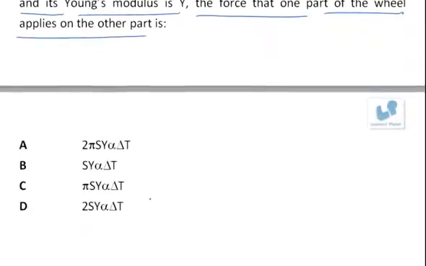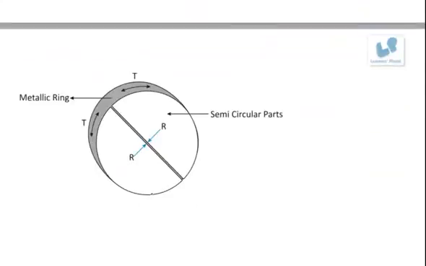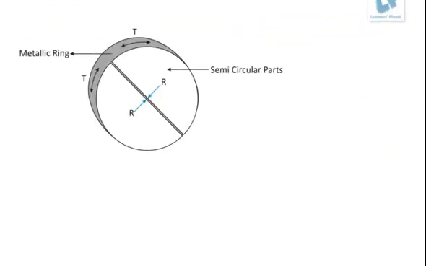Now let us try to understand the situation. We have these two semicircular parts of the wheel. As you heat up the metallic ring, due to the increase in the length, it just steps over the semicircular parts.